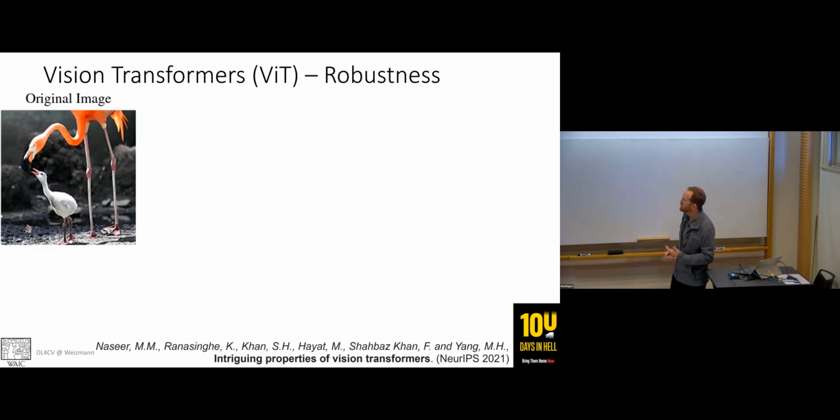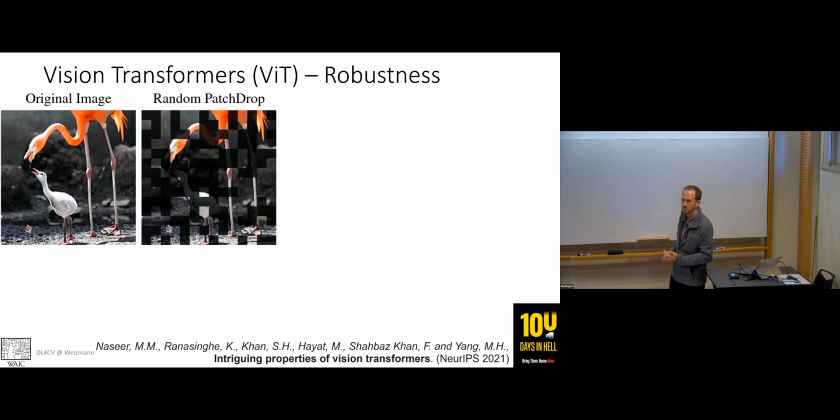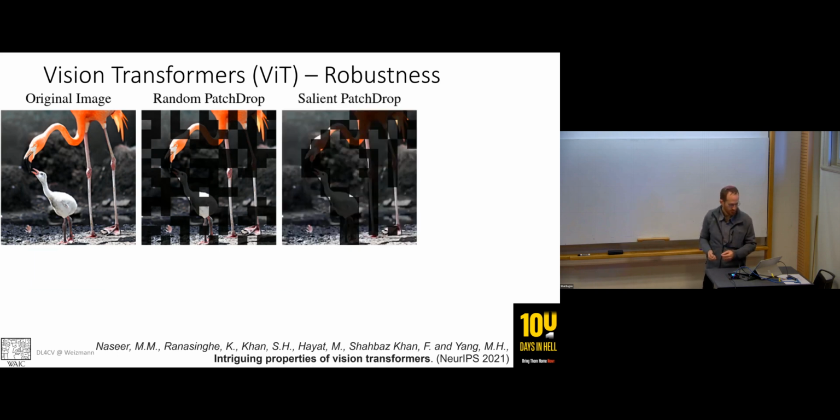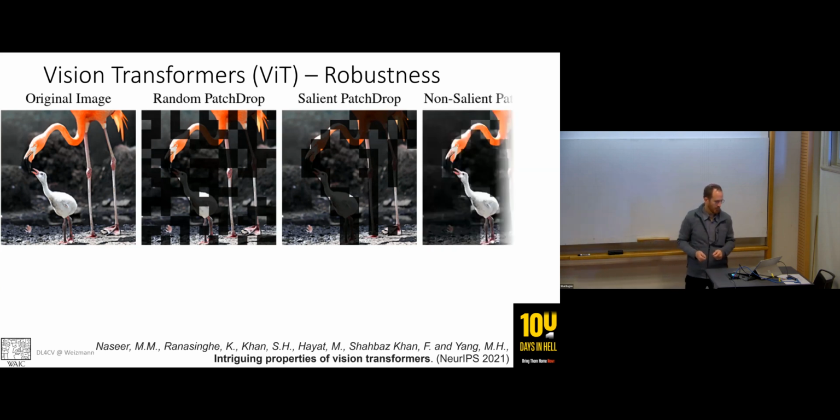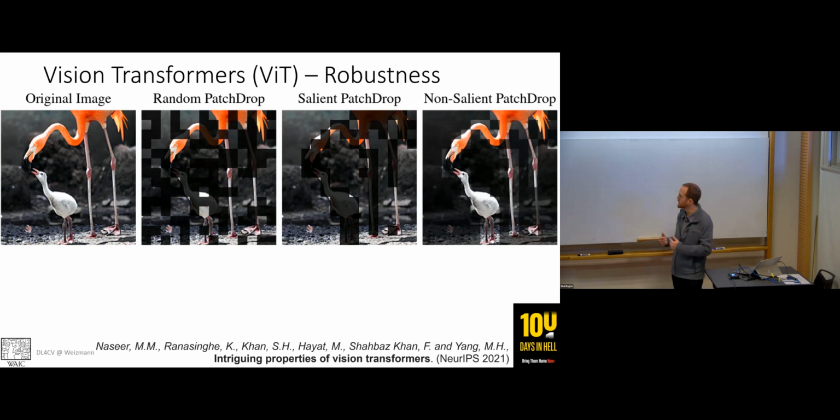So if we take an image and we randomly drop patches, this is what the transformer sees, which actually sees only part of the image. We can even do this drop very adversarially, dropping patches that we know are important. And we can do this the other way around by dropping patches that we don't think are. And we can measure the effect of each policy on the prediction of a trained network.